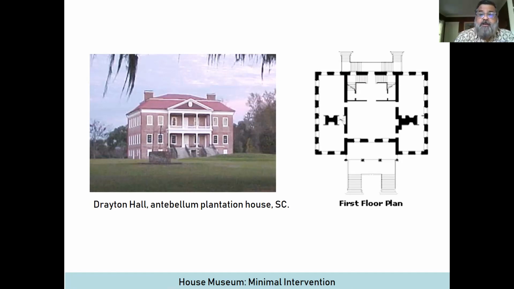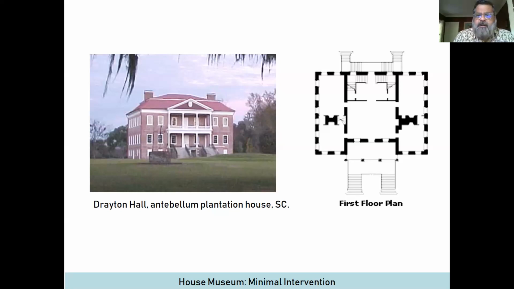You recognize that all the changes that have taken place over time are part of its history, so you keep all the changes and repurpose the building accordingly. The main thrust of your work would be protecting the structure from further damage, so structural conservation, if you will.